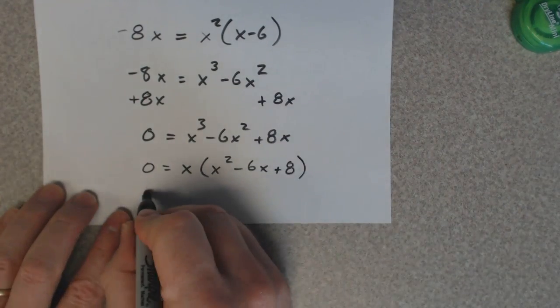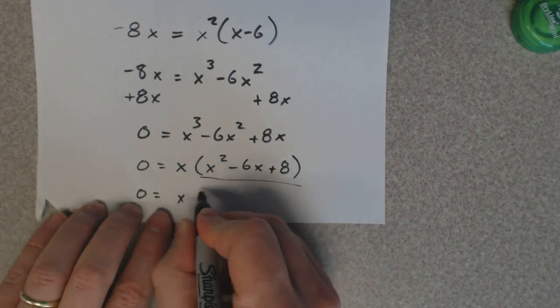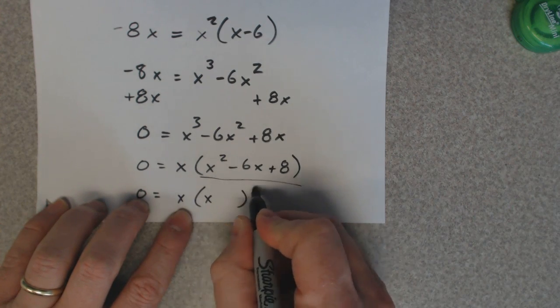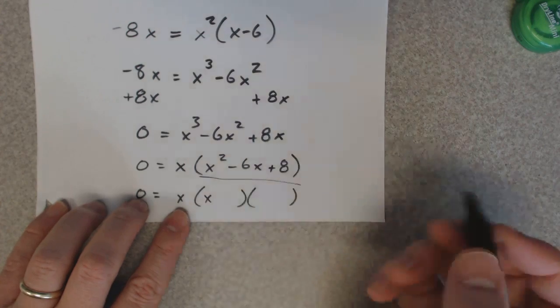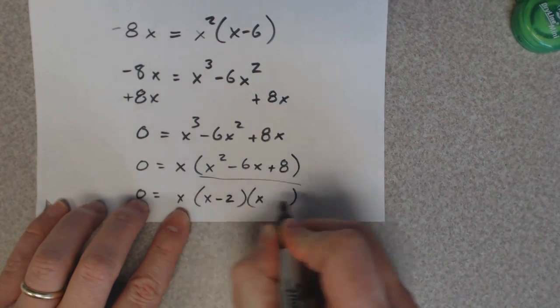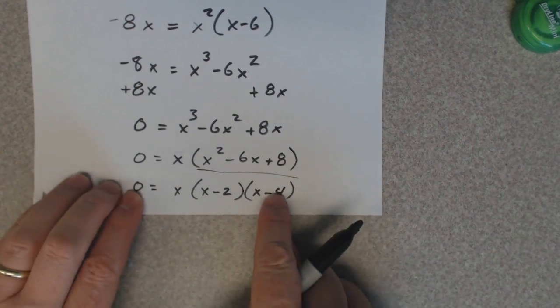Cool. Now, factor this part out. The x, two numbers that multiply to give you 8, but combine to give you negative 6. Negative 2 and negative 4 work. So set all three pieces equal to 0.